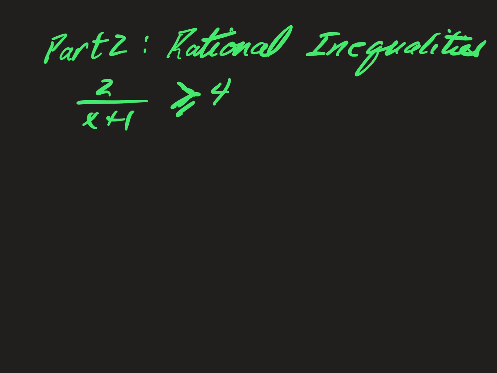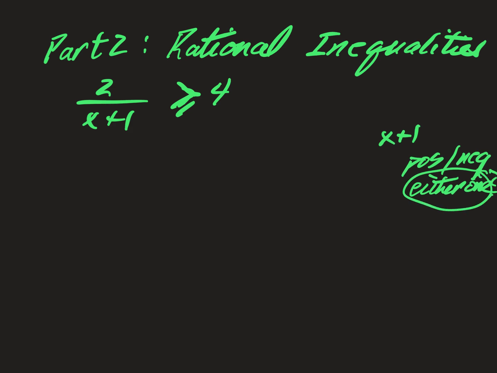Now, normally, if it was an equation, we would multiply both sides by x plus 1. But let me ask you a question. Is x plus 1 a positive, or is it a negative number, or could it possibly be either one? So think about that for a second. And the answer is it could be either.